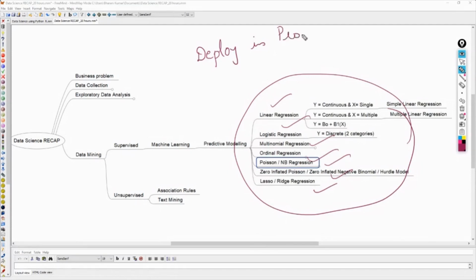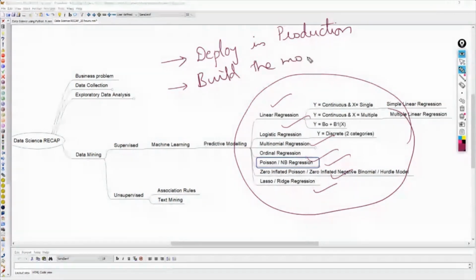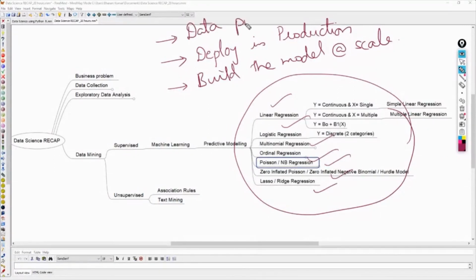This is the number one question which people are asking in interviews. How do you deploy in production? How do you build your model at scale? How do you build the data pipelines? What is your data architecture?